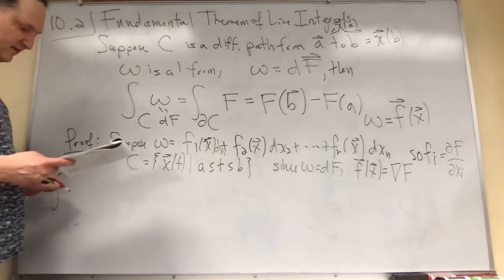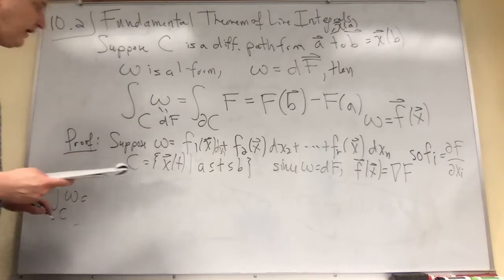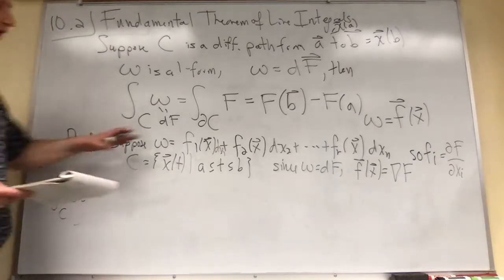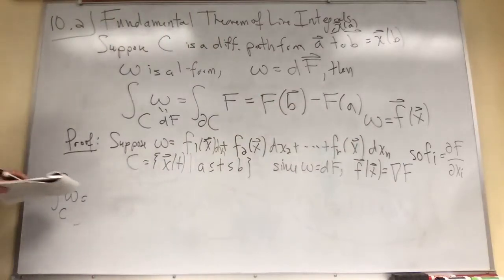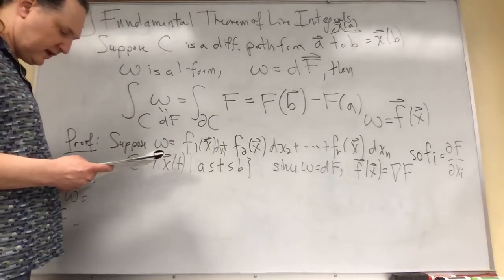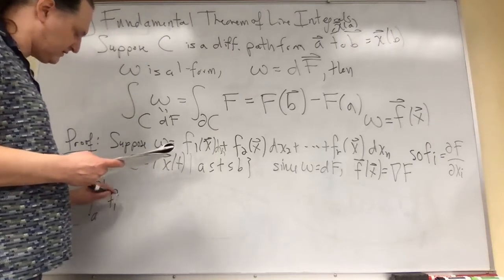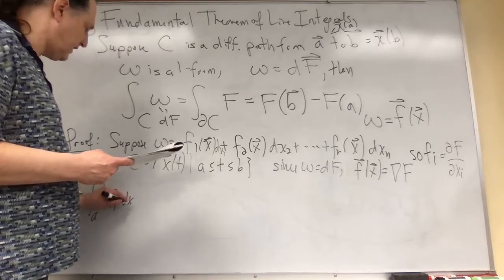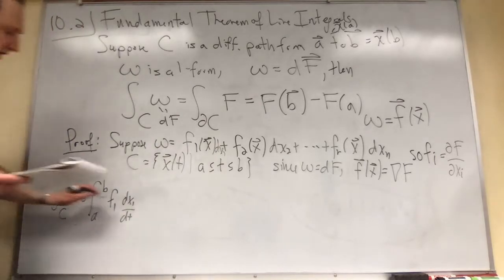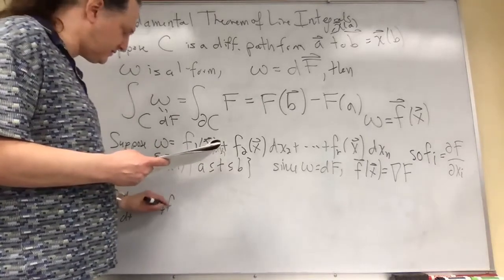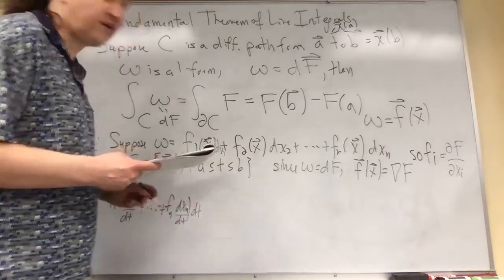So now let's start on this side and see if we can end up on the other side. That seems like a decent way to do this. We've done all of the setup work. So now we're computing a line integral, and we parameterize our curve, and we get the integral from A to B of things like f1 dx1 dt. These A's and B's are times, plus all the way up to fn dxn dt. This is all integrated with respect to time.